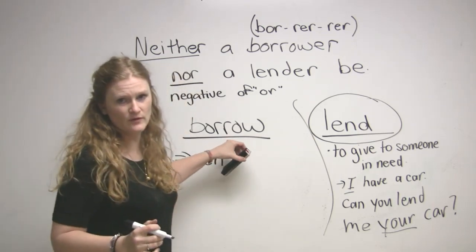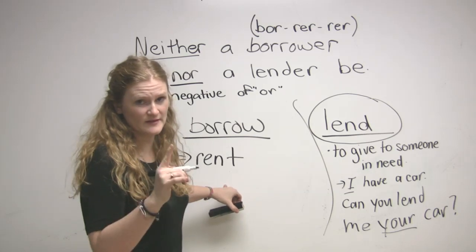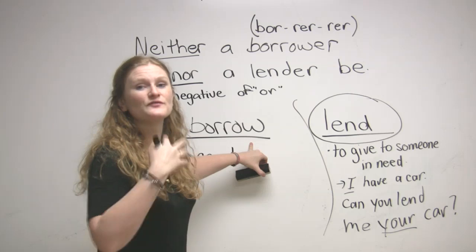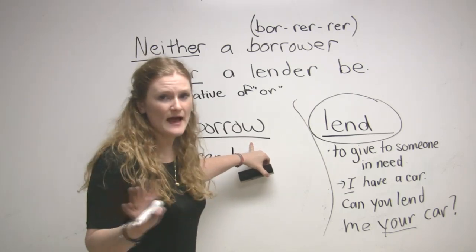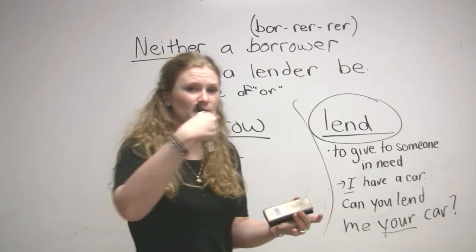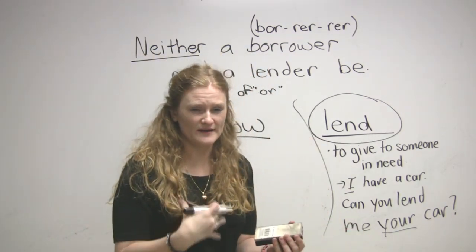The basis of borrowing or renting is that you get something. Now the difference is, when you borrow something, it is free. You do not have to pay. But when you rent something, you have to give the people money and you get to borrow that item.